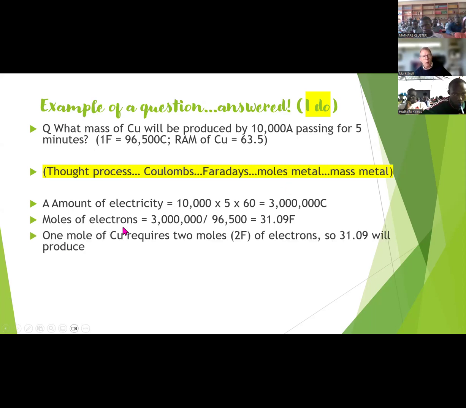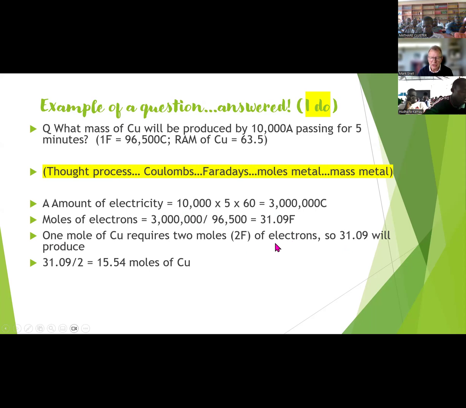Then 1 mole of copper requires 2 moles of electrons. So for every 1 mole of copper, I will have had to have 2 times 96,500. Now, I've got 31.09 Faradays. So that will produce half as many moles of copper.